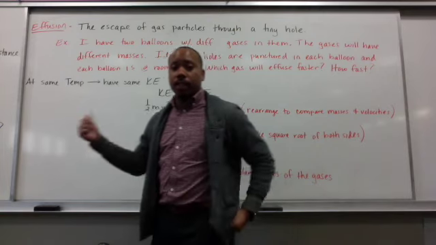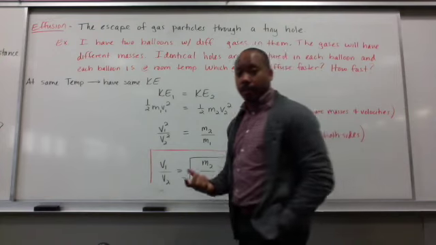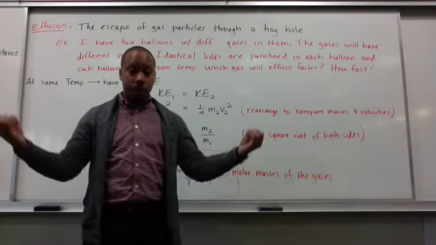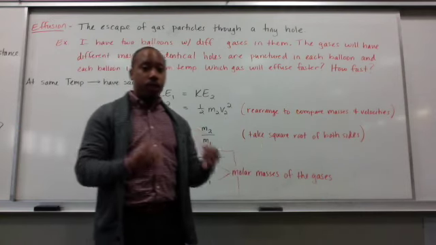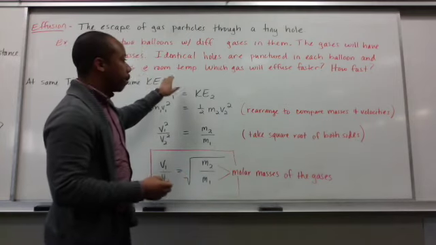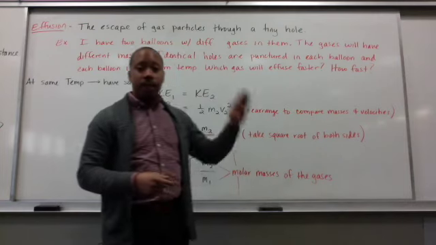So let's say I give you this example. I have two balloons with different gases in them. The gases have different masses because they are different substances. I poke identical holes in each balloon, and each balloon is at the same temperature, room temperature. And I ask you this, which gas will effuse faster?